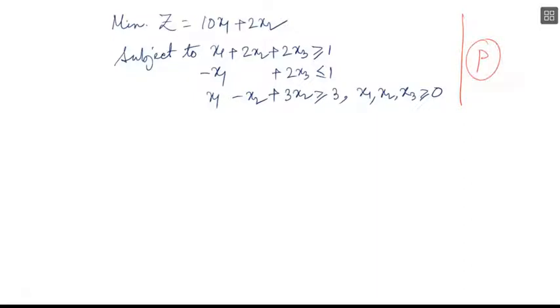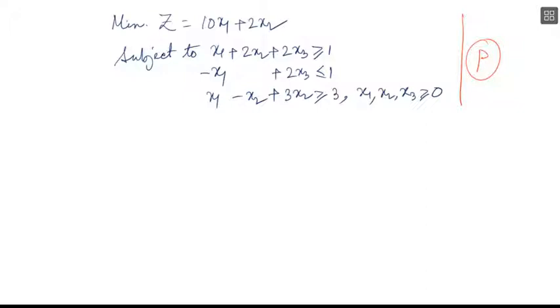Now we'll find the dual of this problem and then we'll solve both the problems to see how their solutions are related to each other. The objective function is in the minimization form and the constraints are in mixed form.